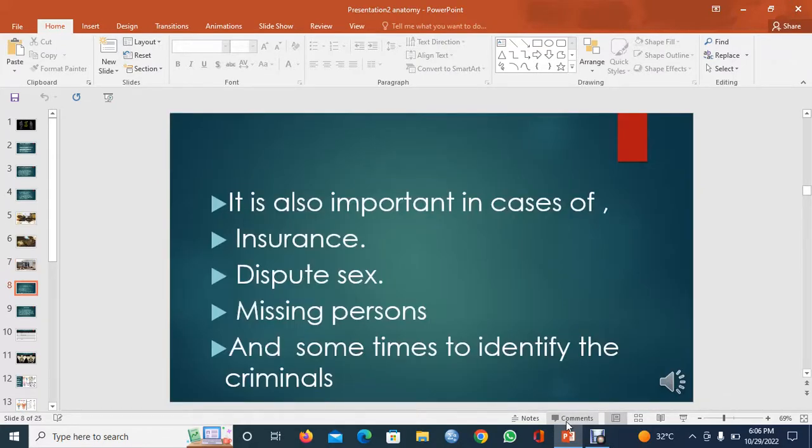You can see here, in cases of insurance, disputed sex, missing persons, and sometimes to identify the suspect or the criminals, the determination of sex is of key importance, and this will help and guide the law and the authorities to bring justice in the society.